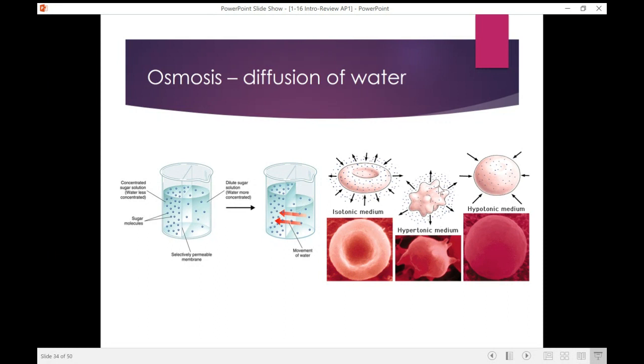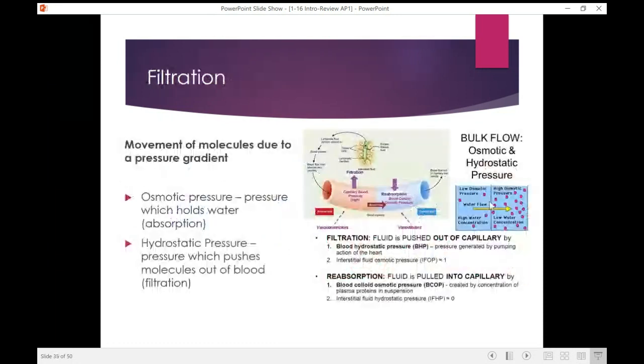And because we've lost the extra water out here, our cells are going to move the water out, right? So when we move the water out, our cells start to shrink. Okay? And then this one would be a hypotonic medium, meaning that there's not enough solutes on the outside here. So we have some overhydration happening, and the water is going to move into the cell and it could eventually burst.